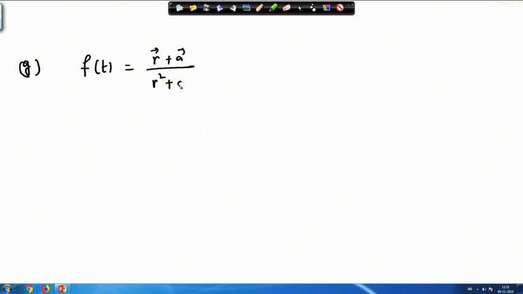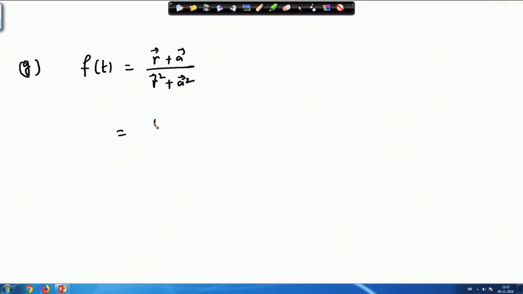So, r square plus a square. Again we have vector r square. From the previous problem we can write it as just scalar r square, and this one is vector a square, which we can write simply as a square, but a is a constant vector. All right.